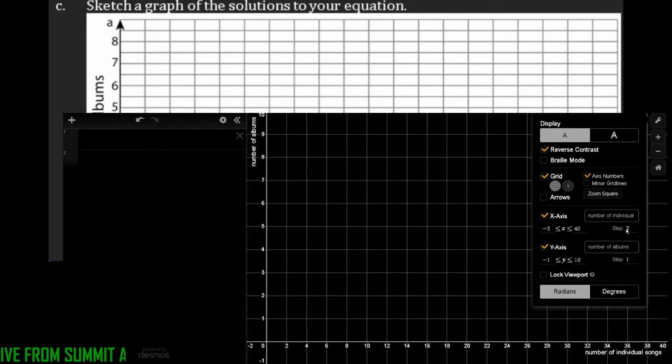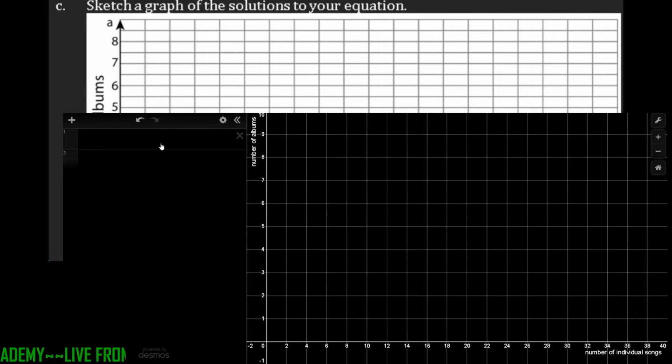Notice how the step for my x-axis is 2 because it's counting by 2s, and my y-axis is counting by 1s. And so I can use that equation that I had: 0.5x plus 4y equals 15.